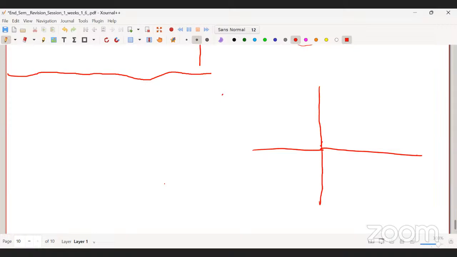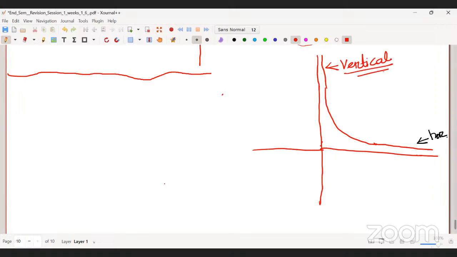So when you have an asymptote to this x-axis, this is a horizontal asymptote, right? And when you have an asymptote like this, which is asymptote to the y-axis, this is a vertical asymptote.